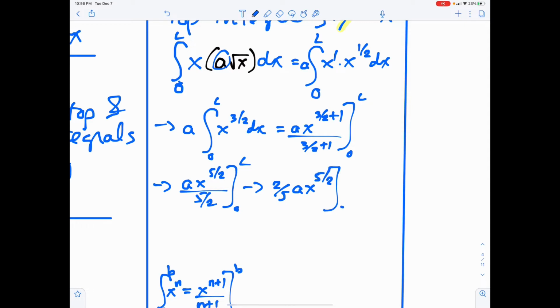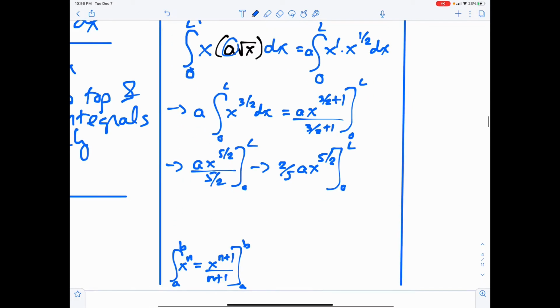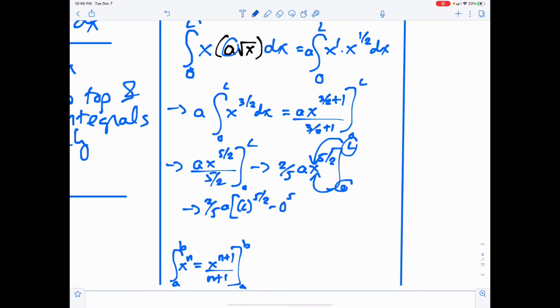And when you evaluate this from 0 to L, it goes like this. It's going to be 2/5 a, and we're going to plug in L for x here, and then plug in 0 for x over here. So it's going to be L to the 5/2 minus 0 to the 5/2, which basically gives you 2/5 a L to the 5/2 power.